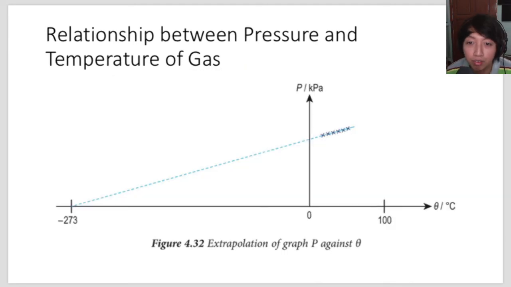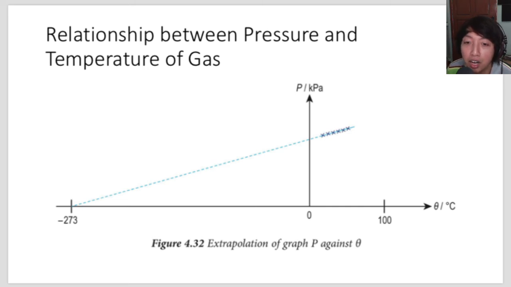But what happens is, again, same idea. If we were to create a graph comparing the temperature and the pressure, create a straight line, and extrapolate all the way, you find that the more the temperature increases, the more the pressure also increases, assuming the volume remains the same.